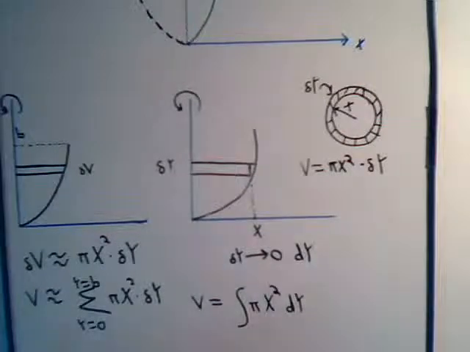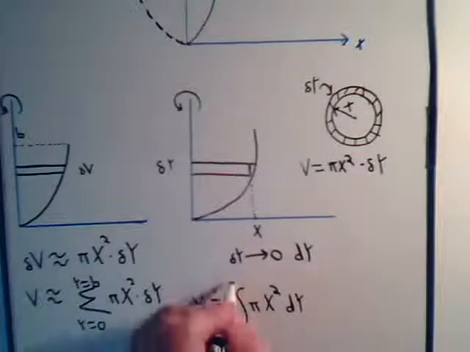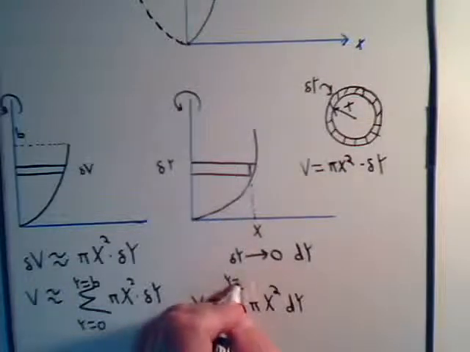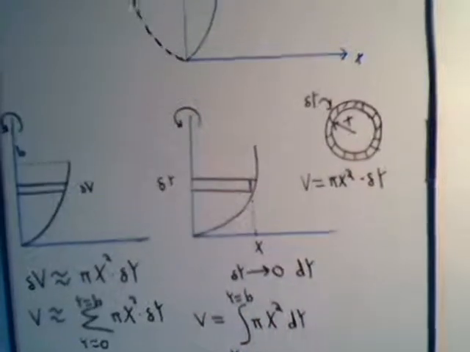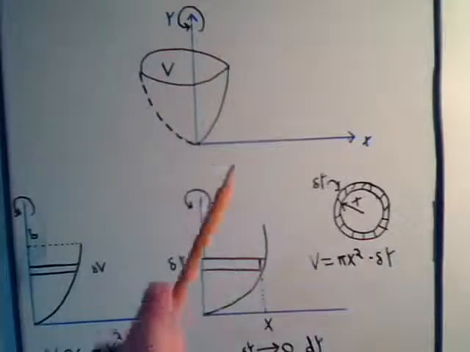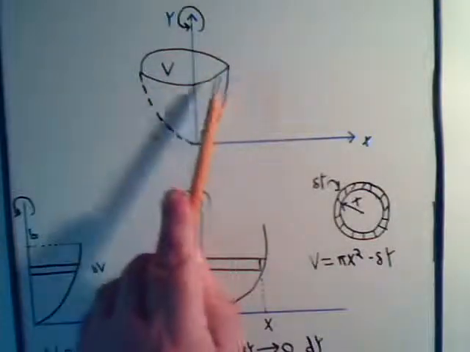We don't necessarily have to start at y equals 0. We can say in general, beginning at y equals a, and continuing up to y equals b. So this then would be our volume integral, when we form the solid figure by rotating about the y-axis.